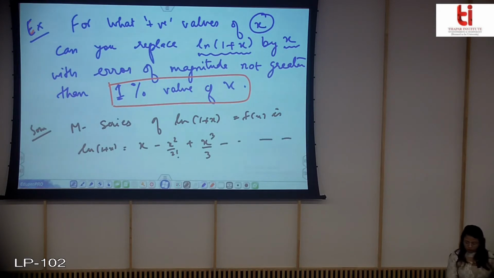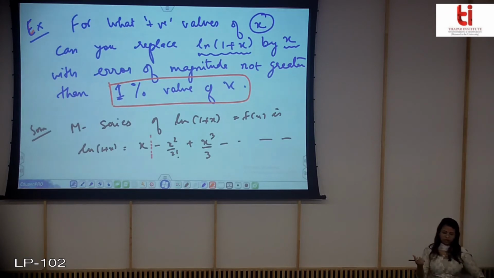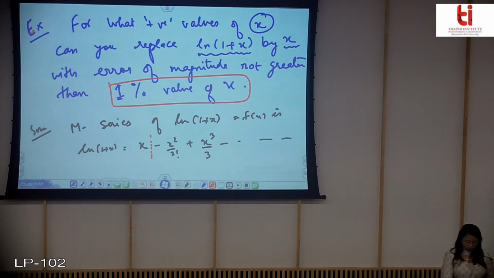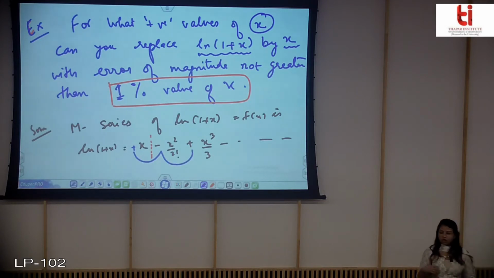So now what we need to do is approximate, we just have to take the first term. Now we can see easily that here it is positive, then it is negative, then it is positive. So let us again do this question by both the methods, so that both the methods are revised.